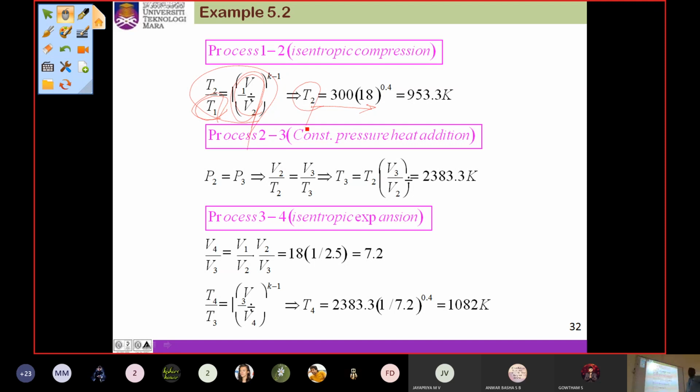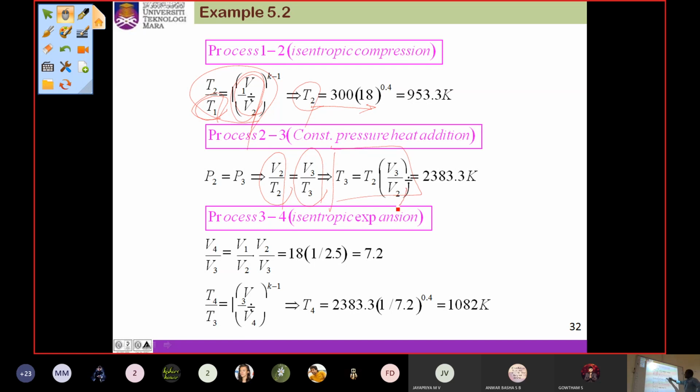Then we can move to the constant pressure process. So we know the formula, that is P2 is equal to P3. Then that can be written as V2 by T2 equal to V3 by T3. We can substitute the equation as T3 equal to T2 into V3 by V2. Right.